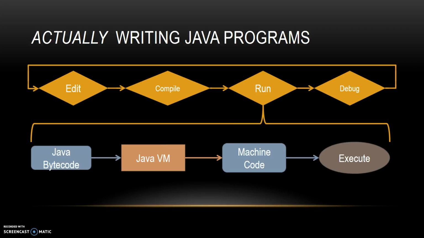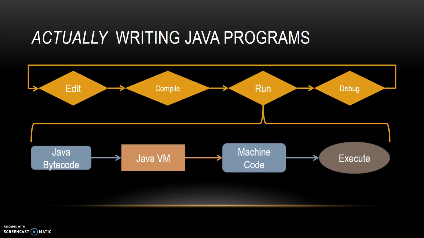Then a program called the Java Virtual Machine, the Java VM, takes that bytecode and converts it to another step. Basically, it converts it to the machine code, which is the specific code for the computer that you have. There are all different kinds of machines. You have Intel computers, which are desktop computers.